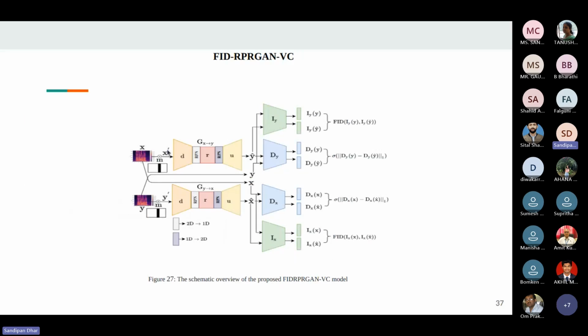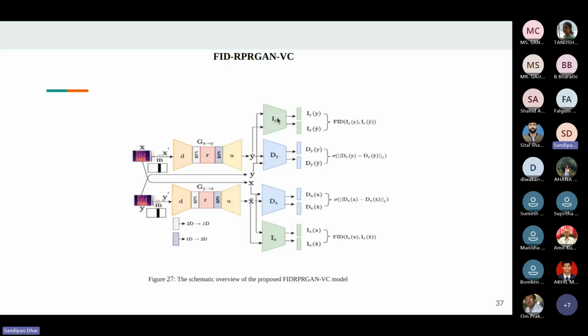So this is our generator model, and these are IX and IY. The inception V3 model extracts the embeddings, and based on the embeddings we extract the FID score, the feature similarity score, and this score we give as feedback to the generator.